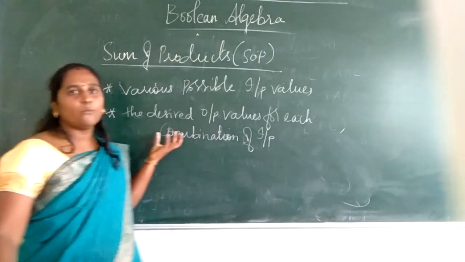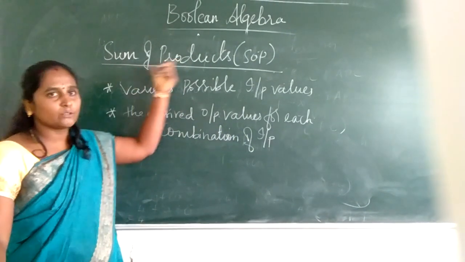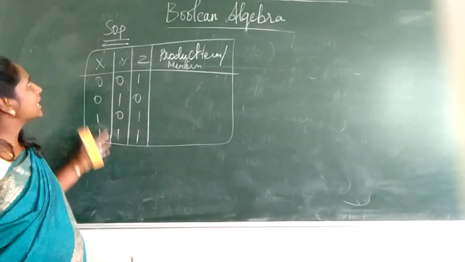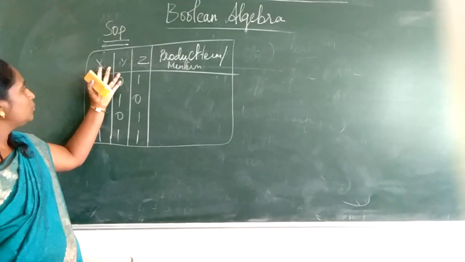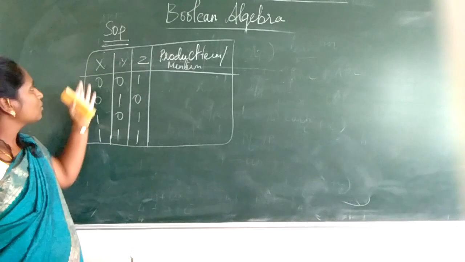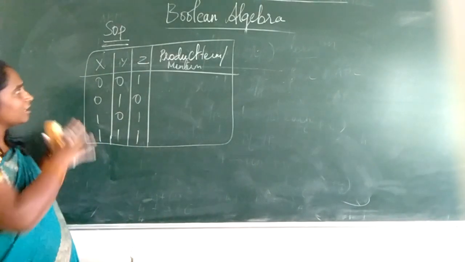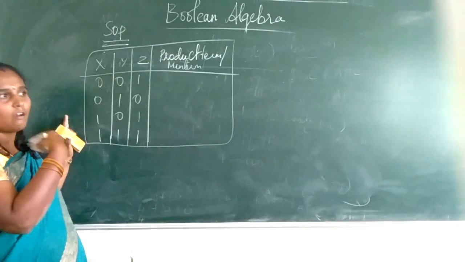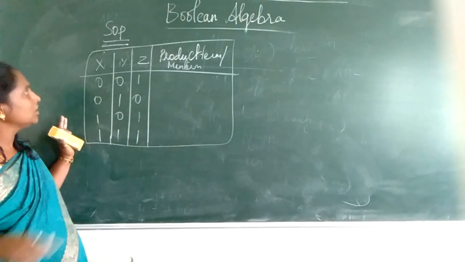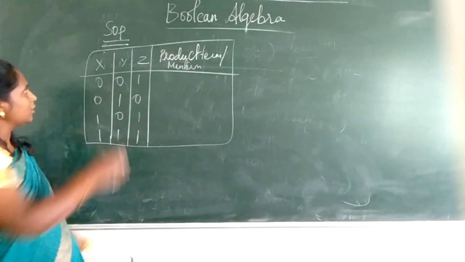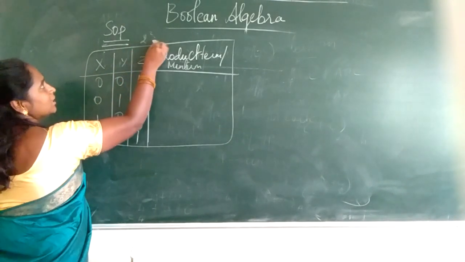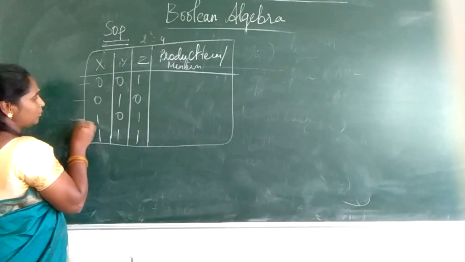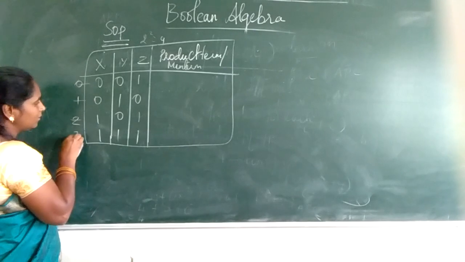Now we will see one problem, then you can understand SOP. Consider an example in SOP. You have two inputs, x and y, and Z as the output, using operations such as OR, AND or NOT. Two inputs give 2 squared, four possible input combinations: 0, 1, 2, 3.